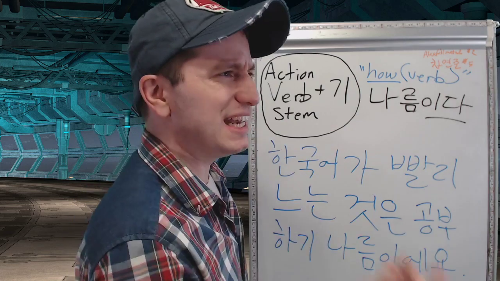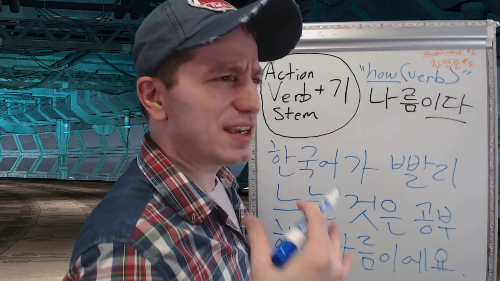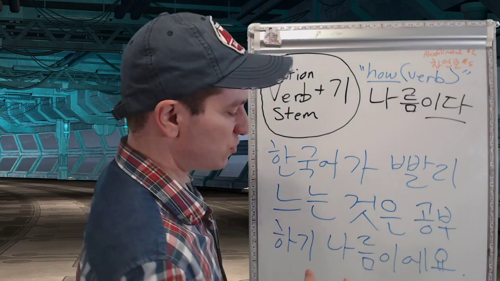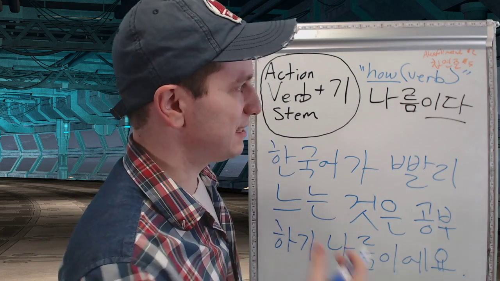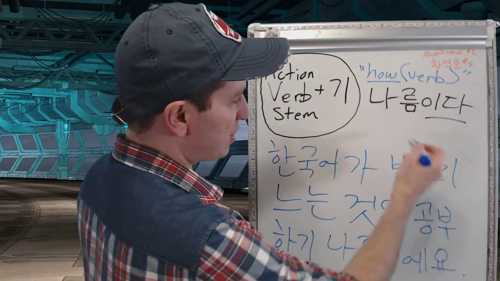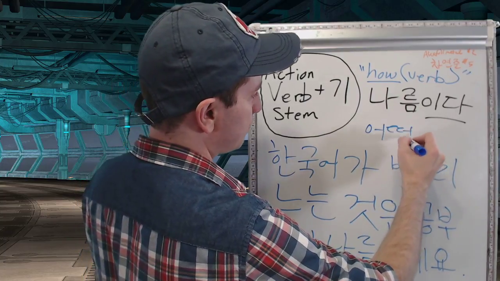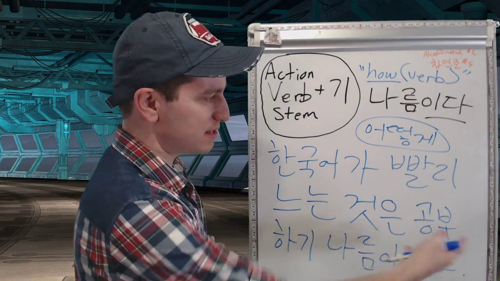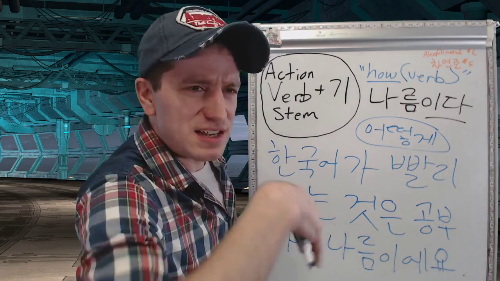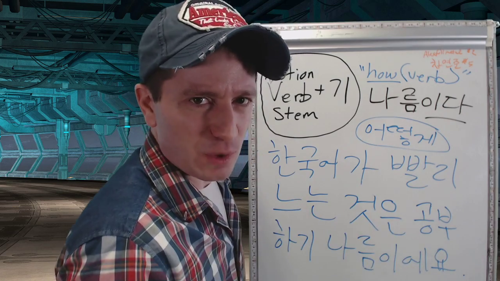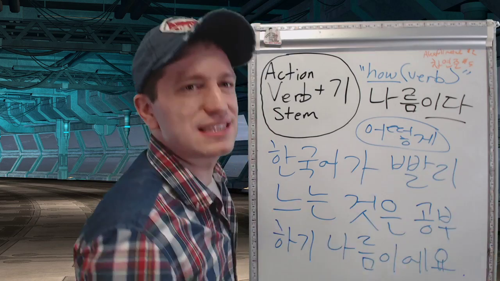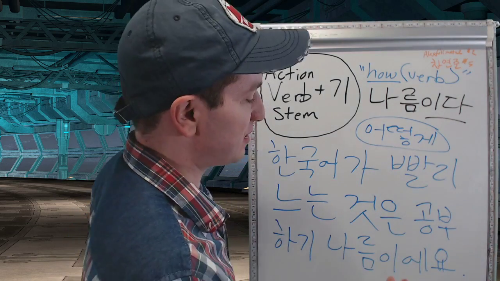So this extra meaning of how gets added to the sentence without actually being there. And that's what I think would trip a lot of people up when they see this 나름이다, because they think they should add 어떻게, 어떻게 공부하기 나름이에요. Like it depends on how you study. They might, because you normally would add that sort of adverb when you're talking about this. The reason is it doesn't literally mean how, but that's the meaning of adding this to the sentence it gives.